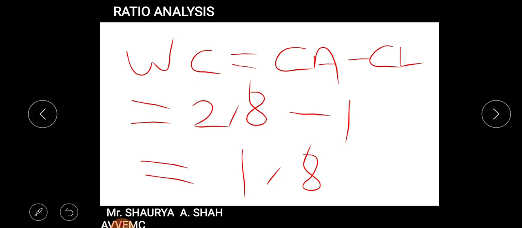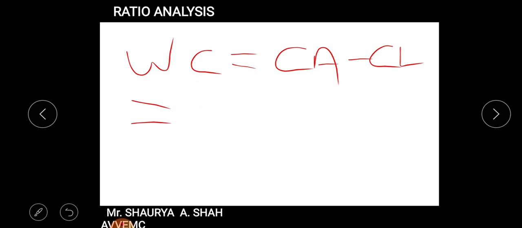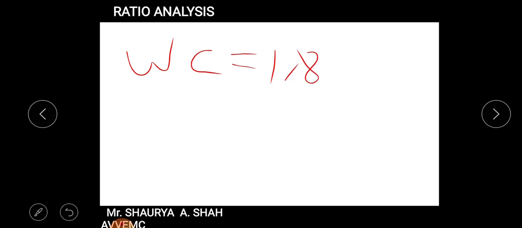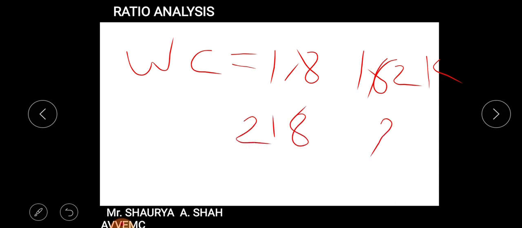Now students, you must be knowing, if you have the value of working capital equal to 1.8, then as we were comparing earlier, if I am having two values, I can compare. If my working capital 1.8 is equal to 1,62,000, how much will 2.8 be equal to?